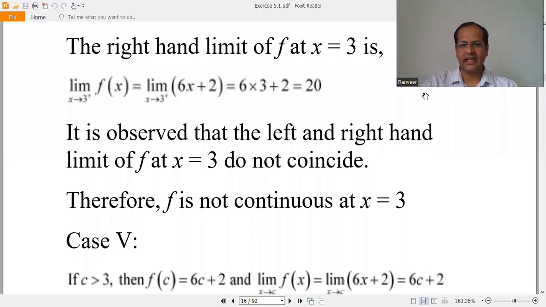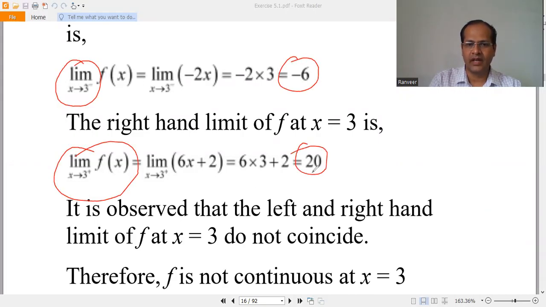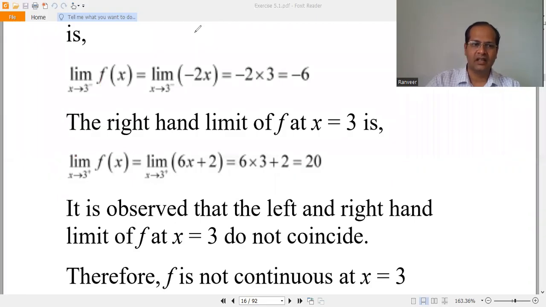So you can say that at the particular point x equal to 3, both values are not the same. The 3 minus value is coming -6 and the 3 plus value is coming 20. So this is not continuous at the particular point 3.